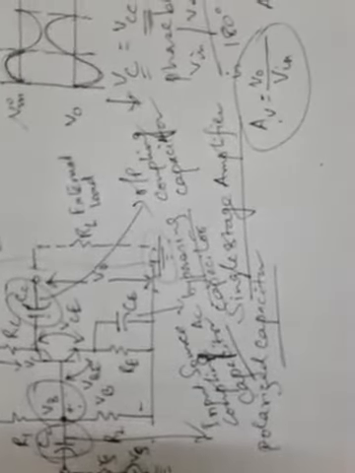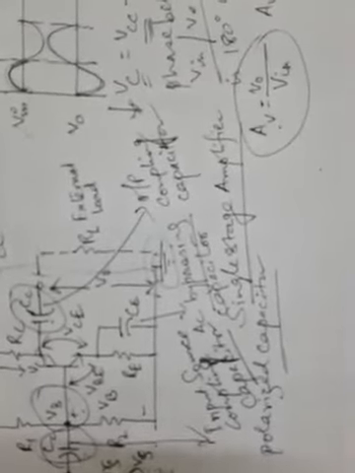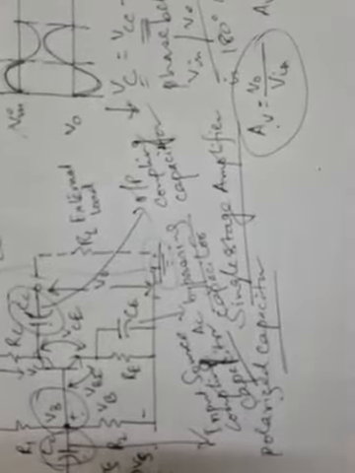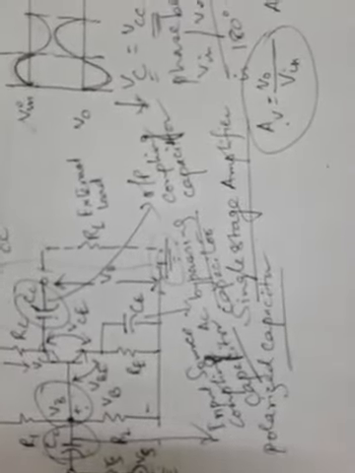But if we want to just theoretically discuss the AC analysis of this circuit, we need to first draw the AC equivalent circuit, and this is done by replacing the capacitors with short circuits.